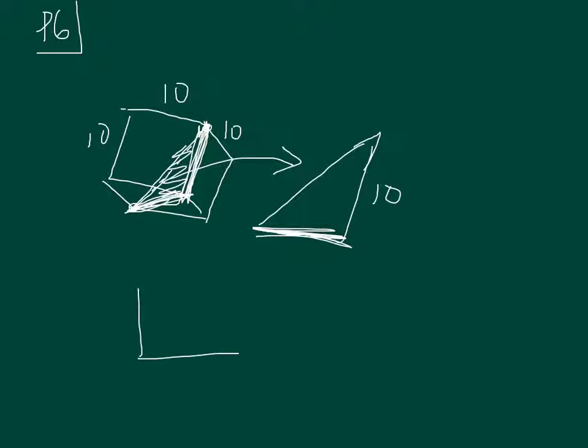So in other words, this distance from here to here is the diagonal of a square. So we first have to find the length of the diagonal of the square, which is 10 and 10 here, and therefore using the same pattern, you have to find that distance first.